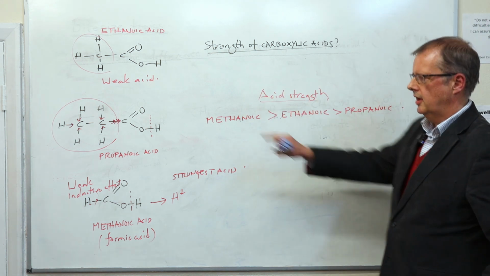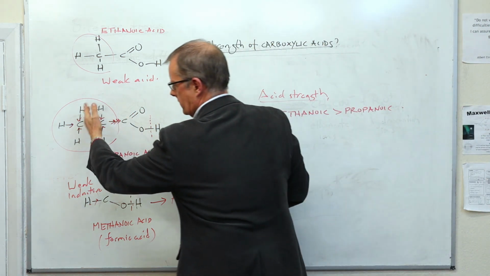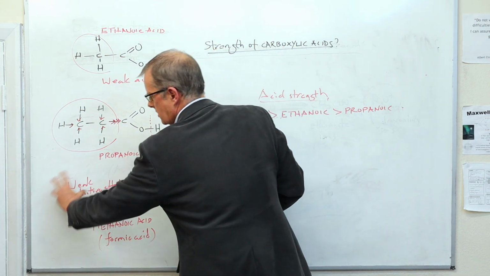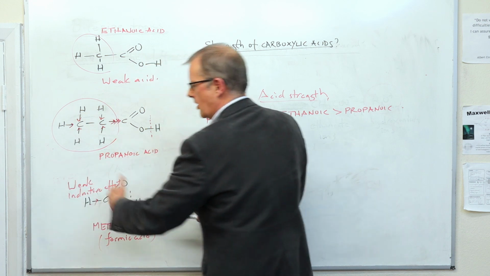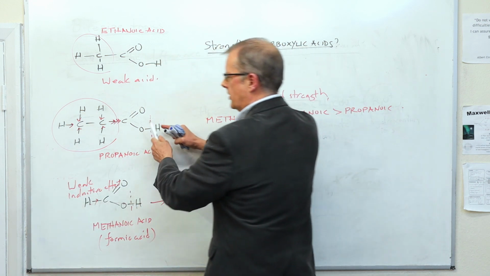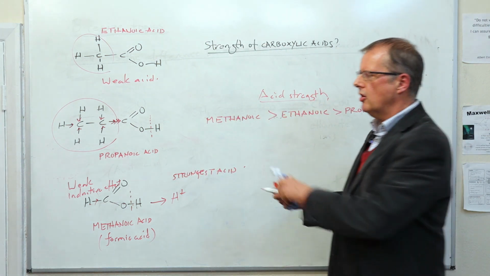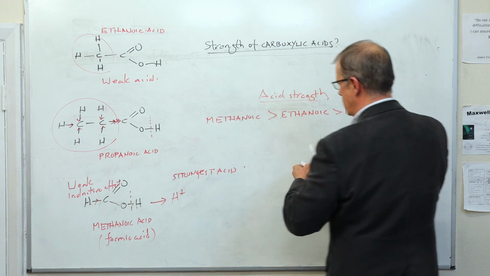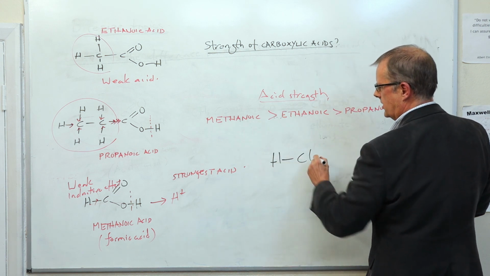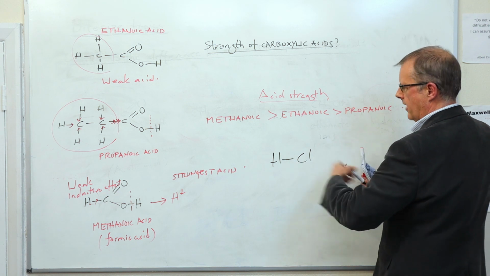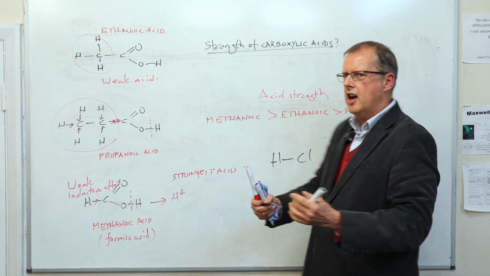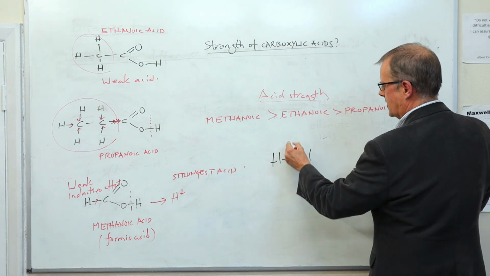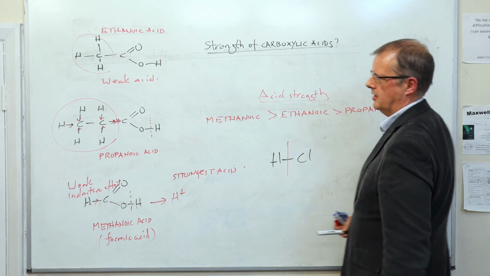So if I give you other examples with different numbers of carbons and hydrogens, you should be able to predict quite rationally that the more carbons and hydrogens I've got down there, the weaker the acid, because it strengthens the OH bond. None of this discussion happened with hydrochloric acid, where you had very willing partners in that previous discussion. HCl has very electronegative chlorine, and there's only one hydrogen there, it can't do very much. And so that snaps very easily, and that's why it's a strong acid.